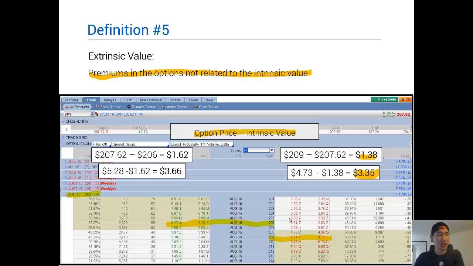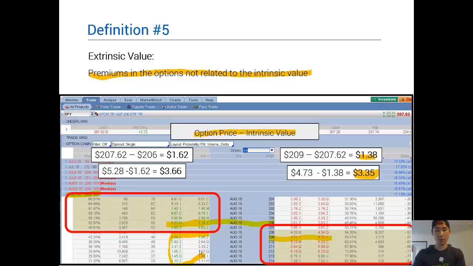It's important to note that the calculation is only needed for in the money options. As I've noted before, out of the money options do not have any intrinsic value, so it's purely all extrinsic value.